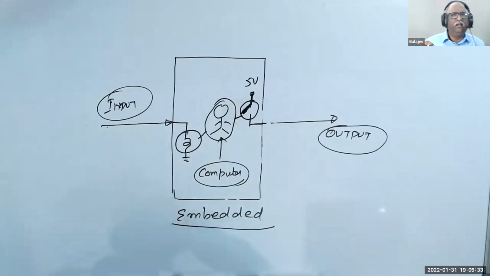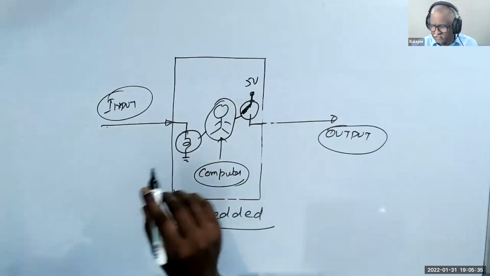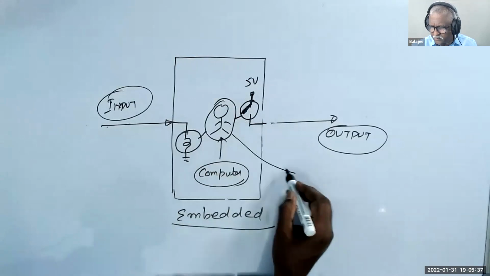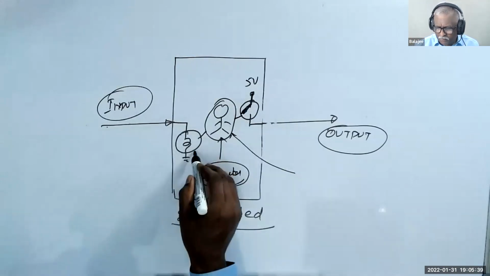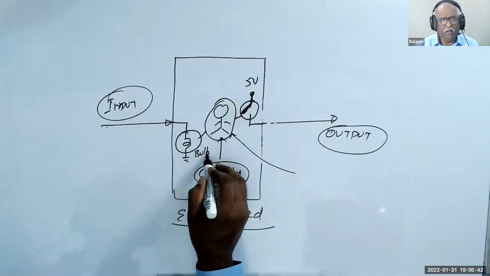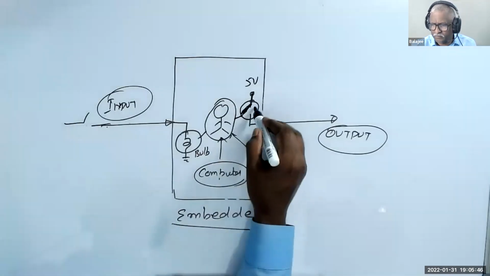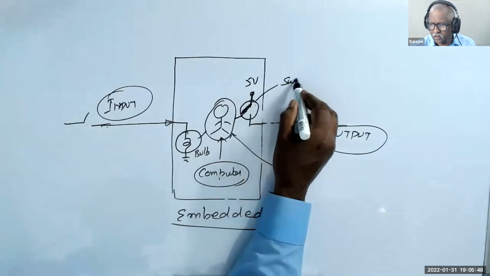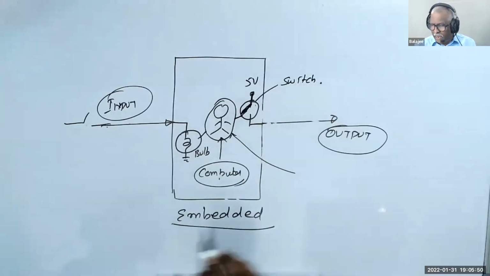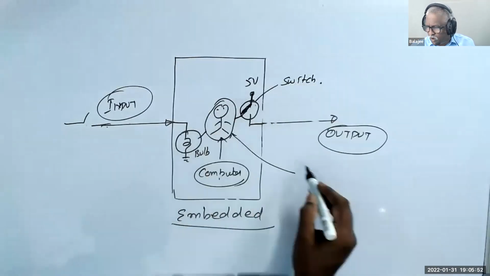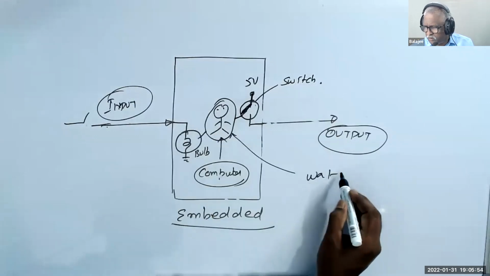Now let us say I'm telling this guy in English: hey, this is a bulb, and here is a switch. I'm telling him, watch bulb.